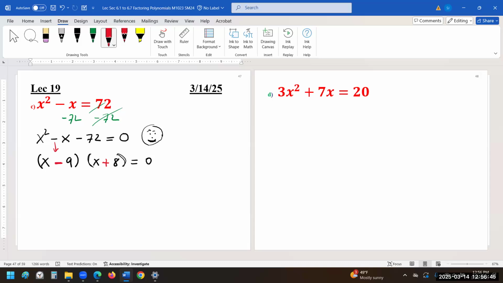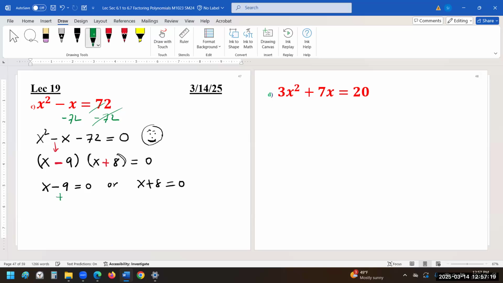Each factor. So remember yesterday I said when the product of factors equals 0, that means one of them is 0. That's why when you multiply them, the result is 0. But we don't know which one is 0. So we said, well, the first one is 0 or the second one is 0. One of these factors definitely has to be 0 because their product is 0. And then we want to see for each factor what makes them 0.